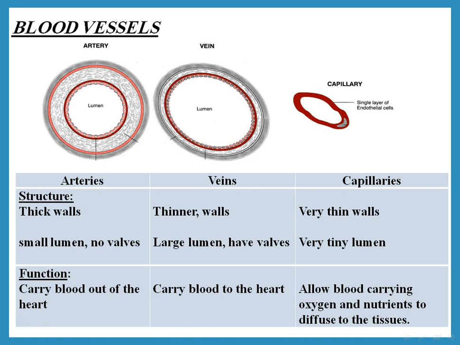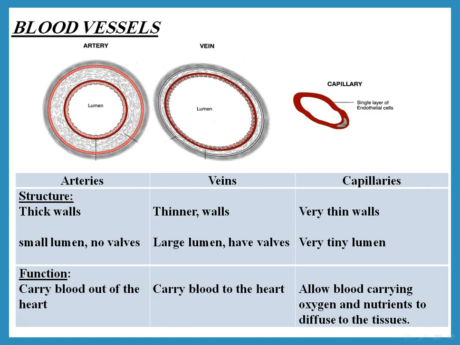Now, the blood capillaries have very, very thin walls, and these are found around the tissues to allow glucose and oxygen to diffuse from the blood to the tissues. So, the function of the arteries is it carries blood out of the heart. So, remember that the arteries are the tubes carrying blood out of the heart. So, the pulmonary artery and the aorta are arteries.